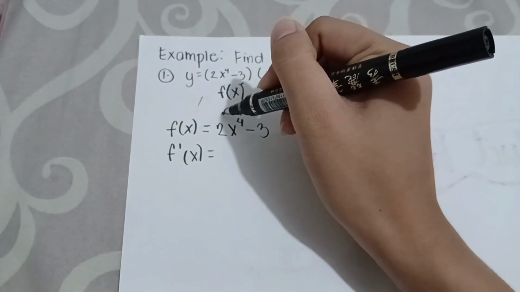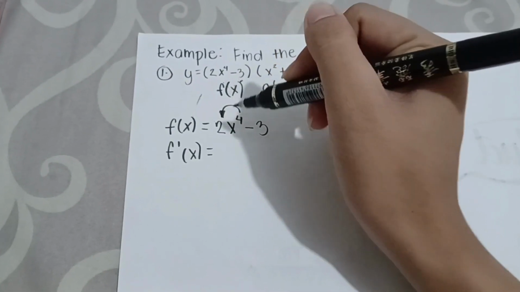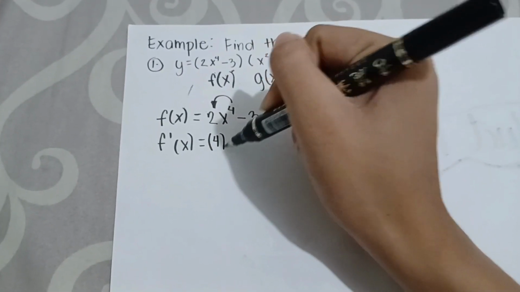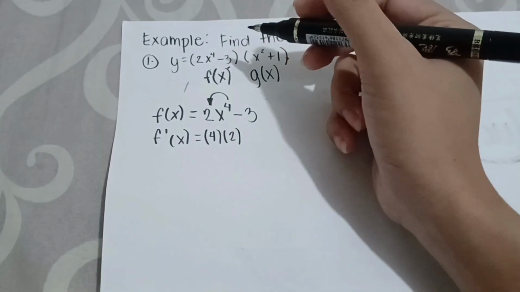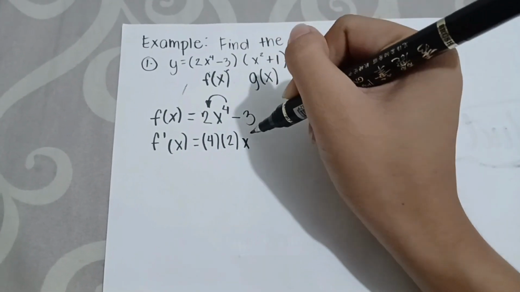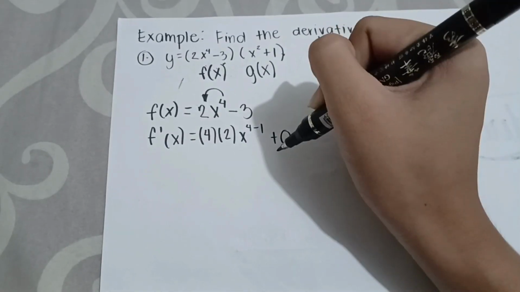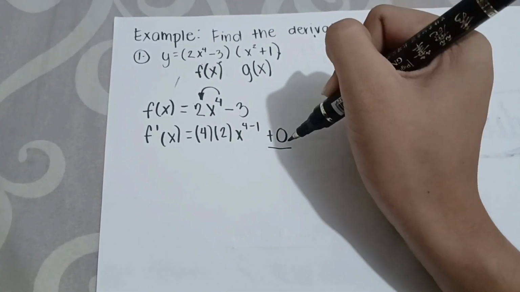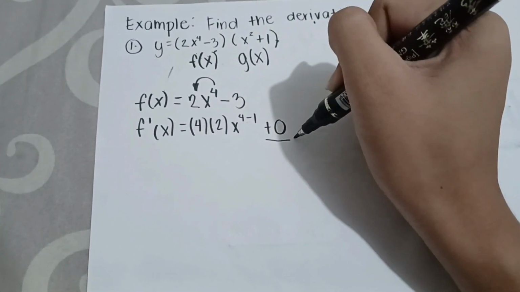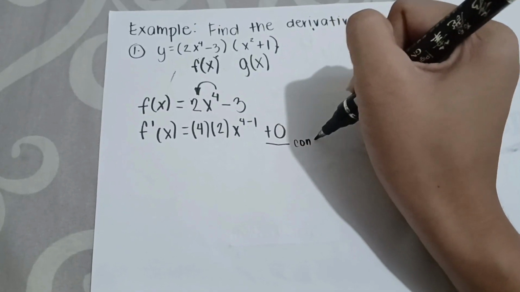Let's multiply: 4 times 2, and x to the power of 4 minus 1, plus 0, because this is a constant.